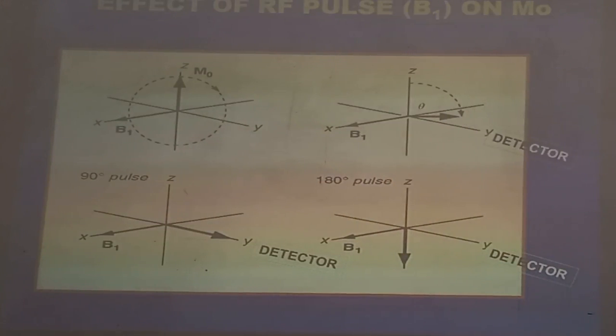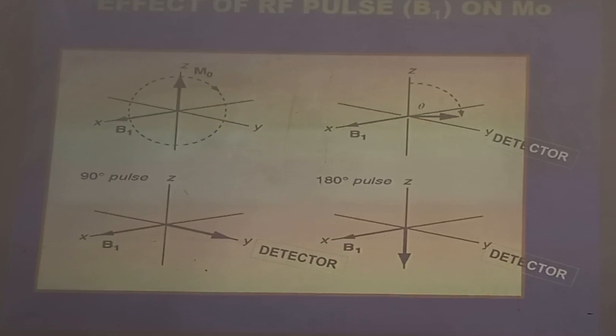So this is how this pulse B1 affects the position and the angle of M0 that it makes with the z-axis. Remember, the z-axis is the equilibrium position. It is the position in which it is of lowest energy.